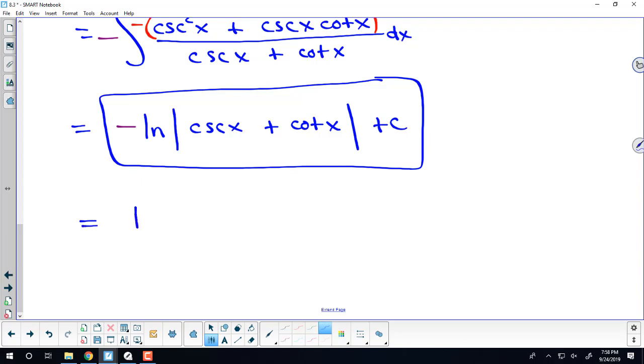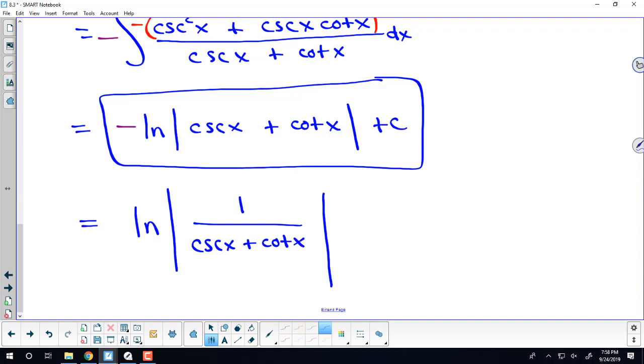I mean, you could say that this is ln absolute value of 1 over cosecant plus cotangent to not have the negative there, but it's a little more cumbersome. So usually that negative is left there with that one. Any other questions on those?